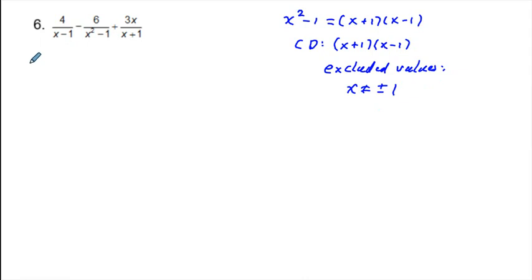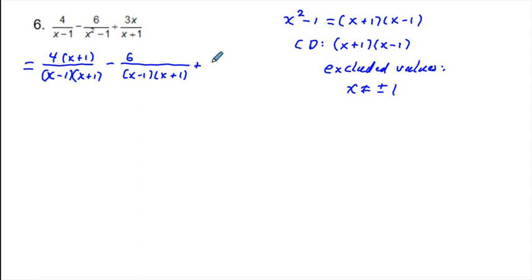So now let's rewrite this expression. We have 4 over x minus 1, and we have to multiply this by x plus 1 in the denominator, and likewise x plus 1 in the numerator. And then we have minus 6. I'm going to rewrite this denominator as quantity x minus 1, x plus 1. And then finally we have plus 3x over x plus 1.